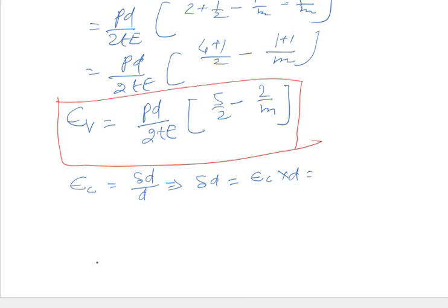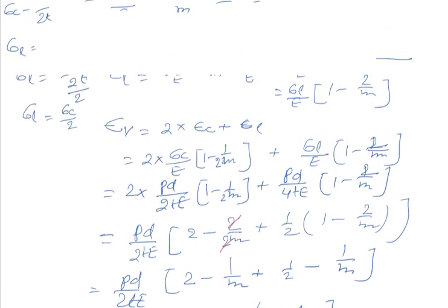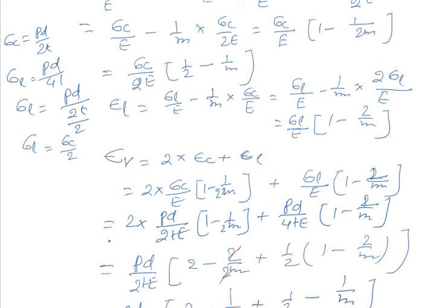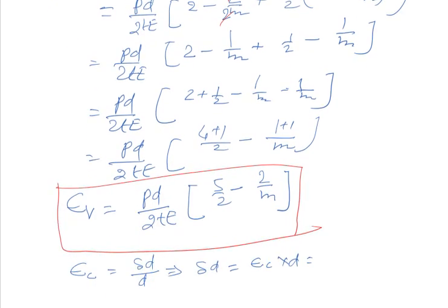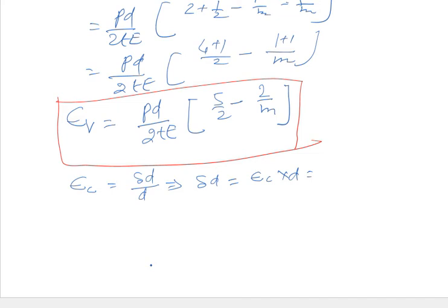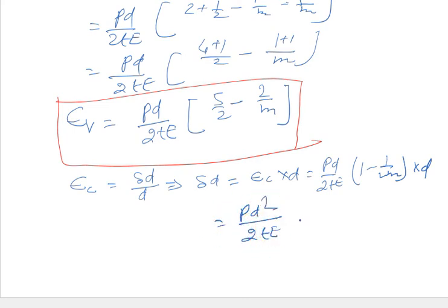Epsilon c is equal to, or we can write directly, PD upon 2 TE into 1 minus 1 by 2m into d. So PD square divided by 2 TE into 1 minus 1 by 2m.